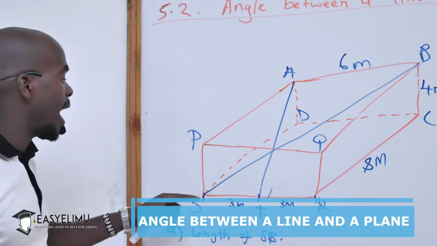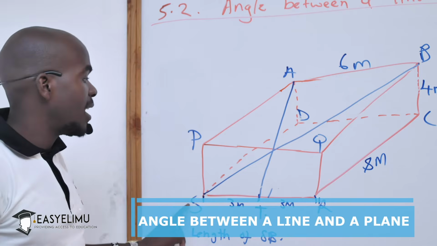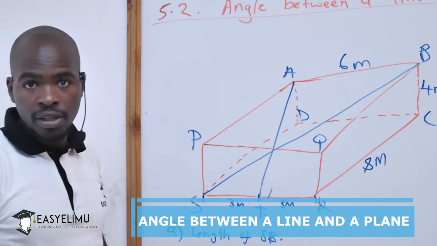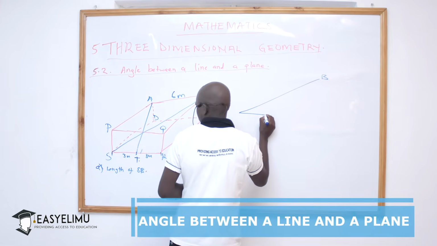So we are finding the angle between line SB and the plane SRCD. What do I mean? We are going to have something of this sort.